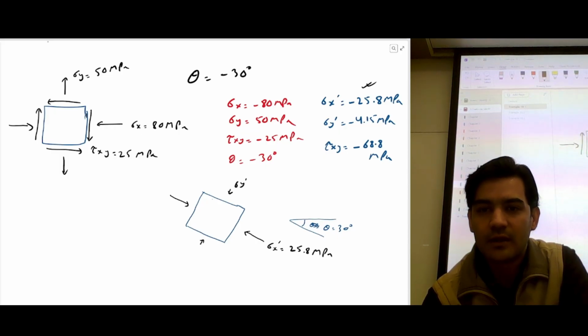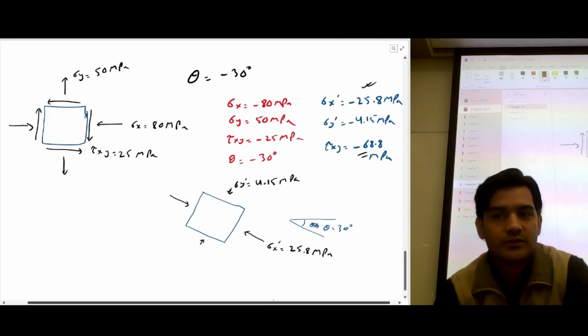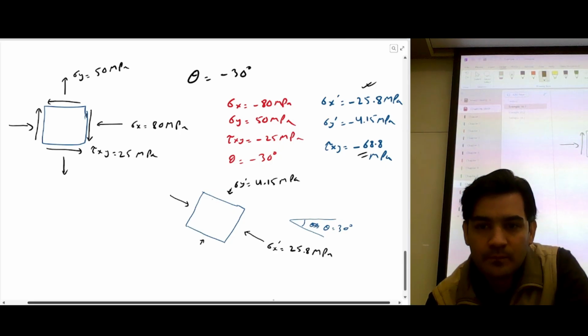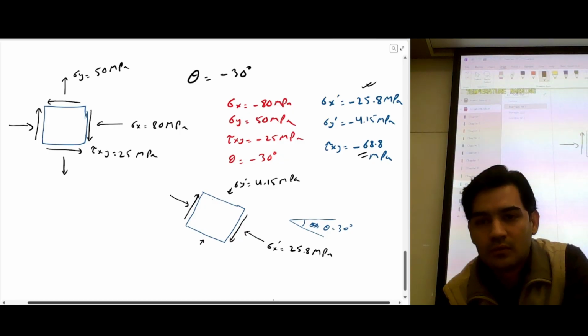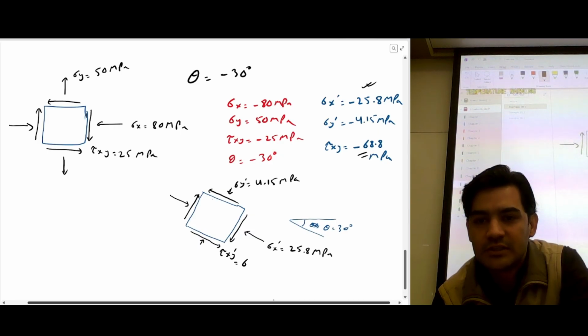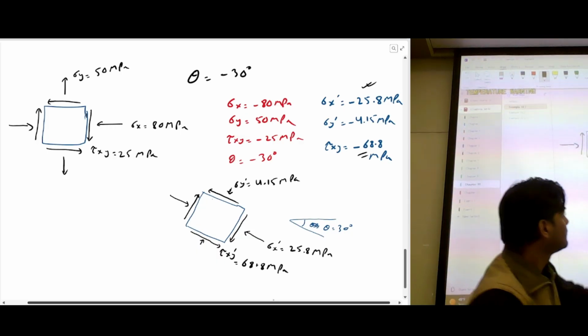Stress y prime is 4.15 megapascals. And this is also negative, right? Negative would mean clockwise rotation. So our tau xy prime would be 68.8 megapascals.